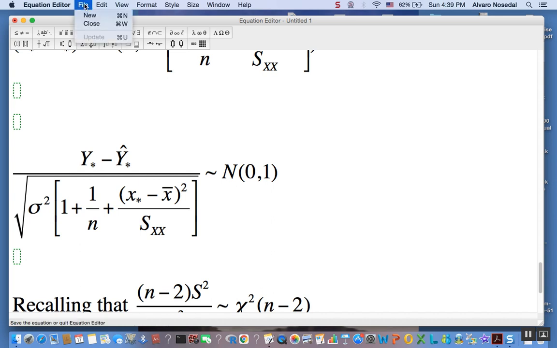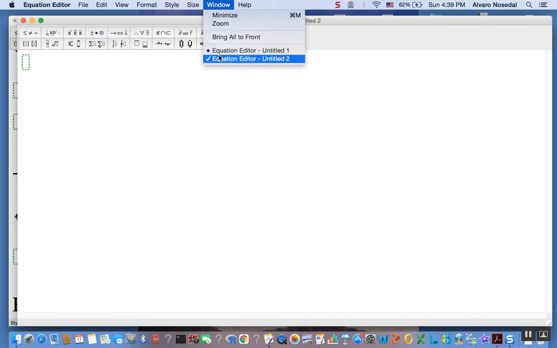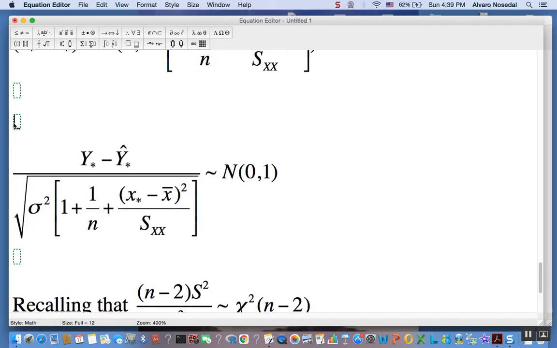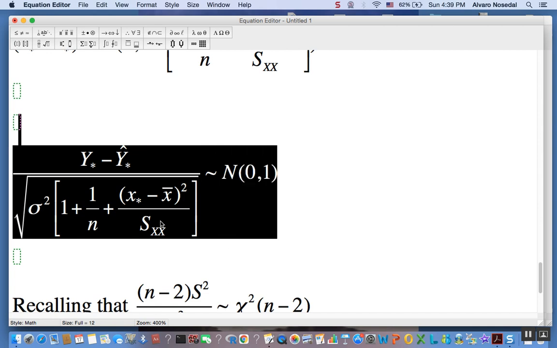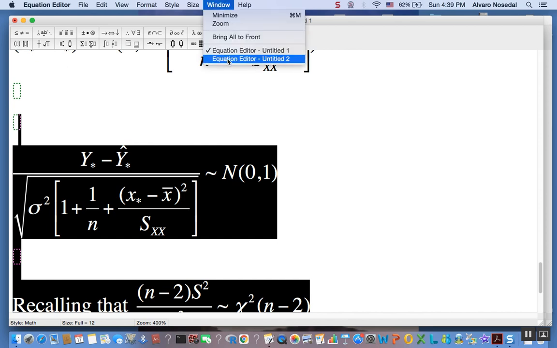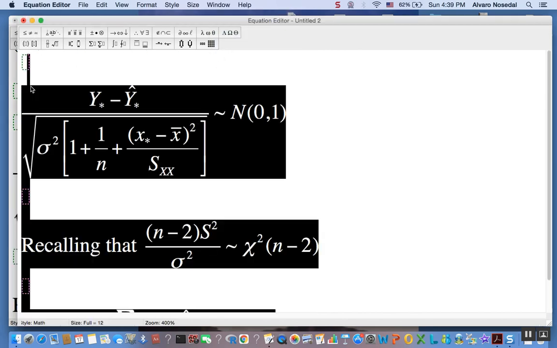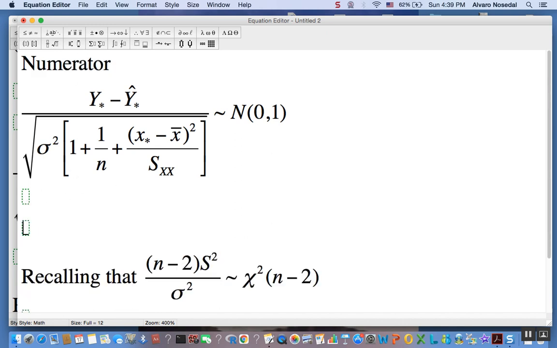We're almost there. Let me copy and paste these. This will be our numerator, and this will be our denominator.